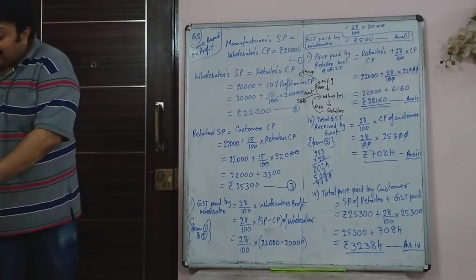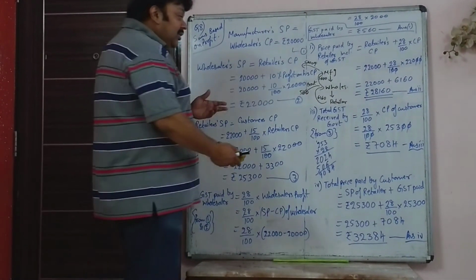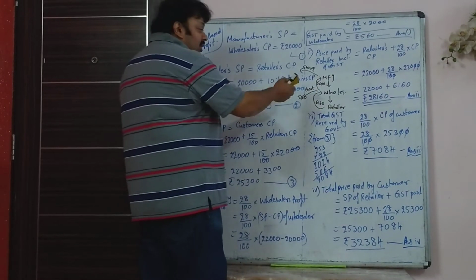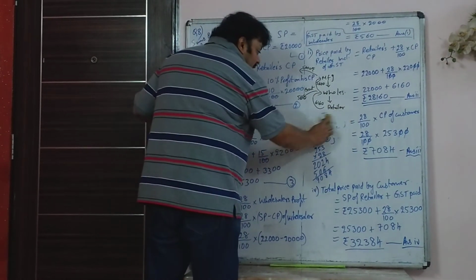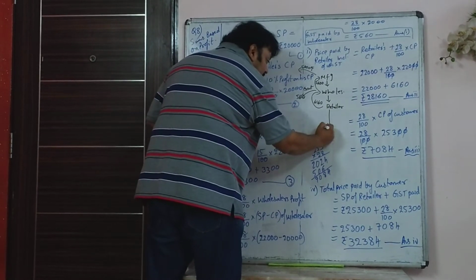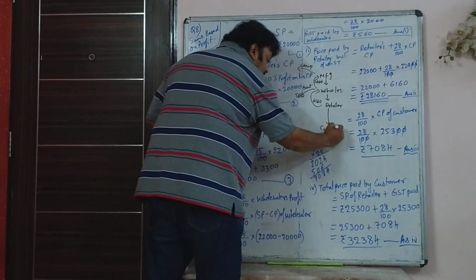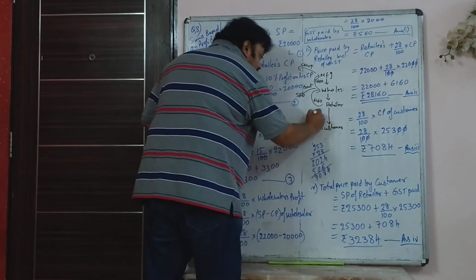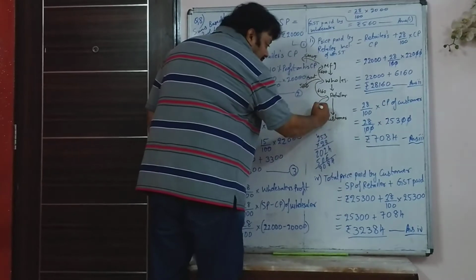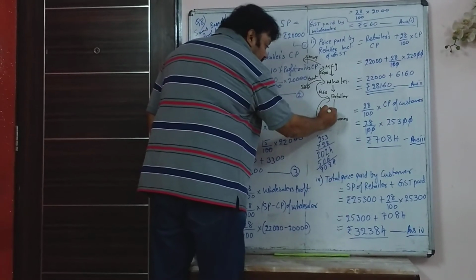So if you carry forward this sum and just see the rest of the sum, of course first you copy this, then you can understand the flow chart. The retailer is now going to sell it to the customer. So when the retailer sells it to the customer, what is the GST paid by the customer to the retailer? He paid 7,084 rupees.